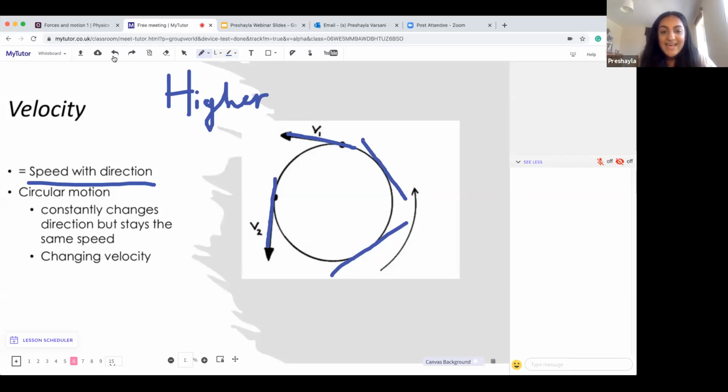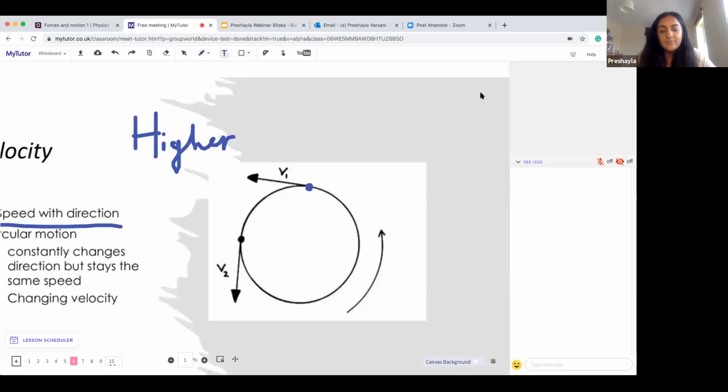So we say that at any given point, let's say here, the car's velocity is in a direction that is at a tangent to the circle. I'm going to write that down because it's quite a lengthy description.